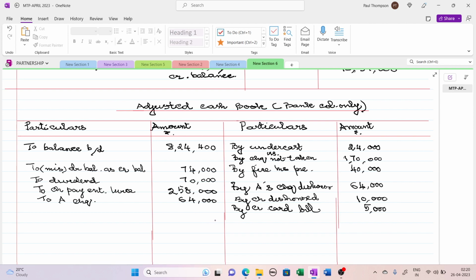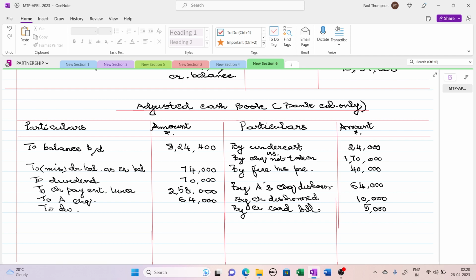Now moving on to the 12th. 1,000 rupees discount received wrongly entered in bank column. So I should not enter it as a payment. So to reverse that, I have to put it on the debit side.